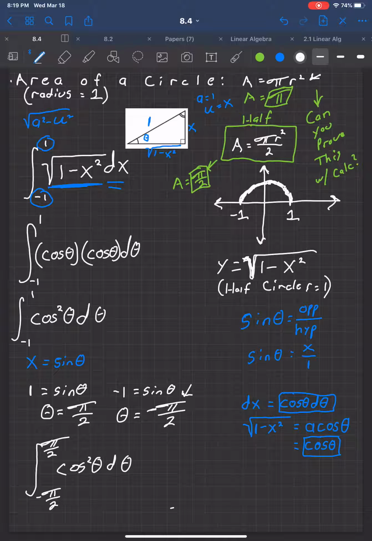All right, so how do you integrate cosine squared theta? Well, it's probably best to use your power reducing formulas. So in this case, we know that cosine squared theta can be rewritten as 1 plus cosine 2 theta over 2.